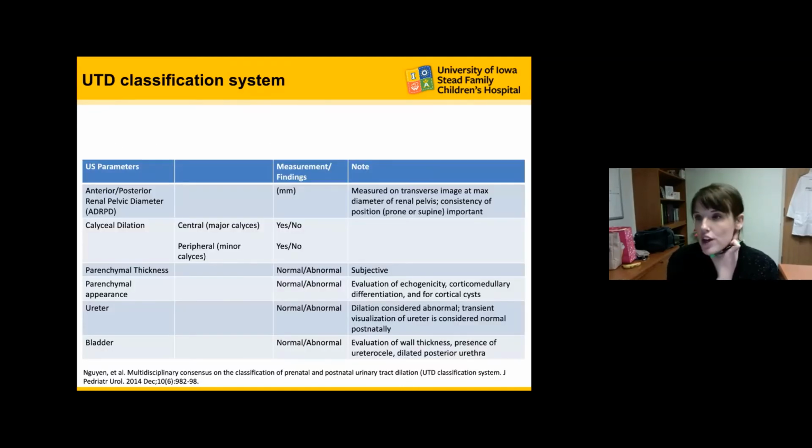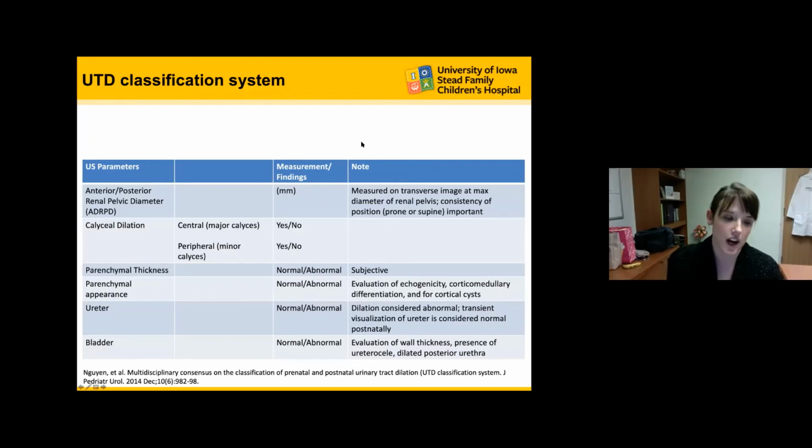Okay, so since a lot of these systems have not been considered perfect, we're still striving to find the best system to analyze hydronephrosis and use it as a better predictor for kids going forward. The other thing is creating a system that can be standardized between the antenatal period and the postnatal period.